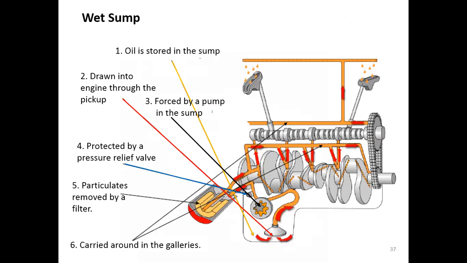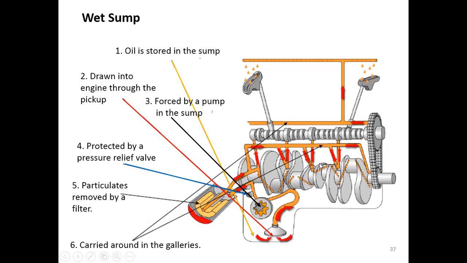This picture also shows you the wet sump system, where you can see that the oil is now delivered to the different parts of the engine, such as the crankshaft, the camshaft, and the rocker arm on the top here. The way the oil in this system does the lubrication is different for each part.